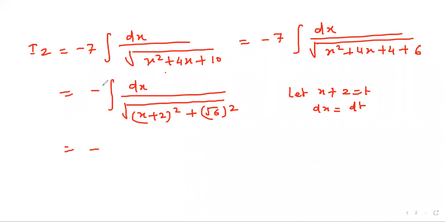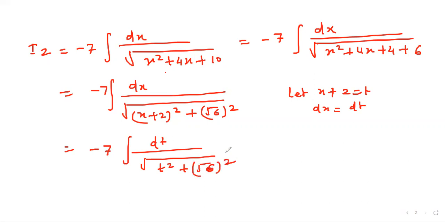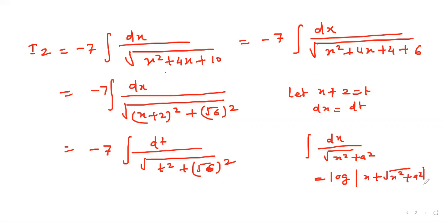minus 7 integration dt upon root of t square plus root 6 square, and it is of the form integration dx divided by root of x square plus a square, which gives log of x plus root of x square plus a square.